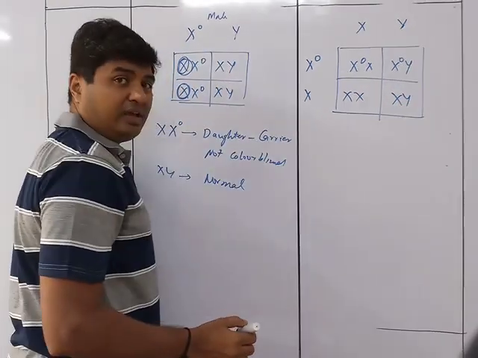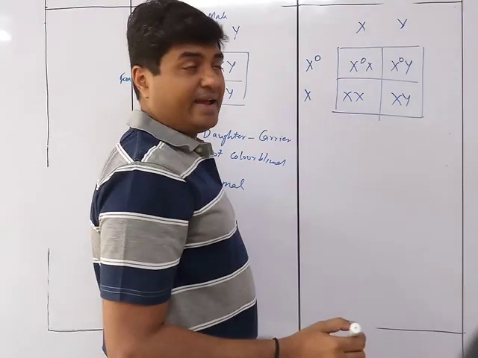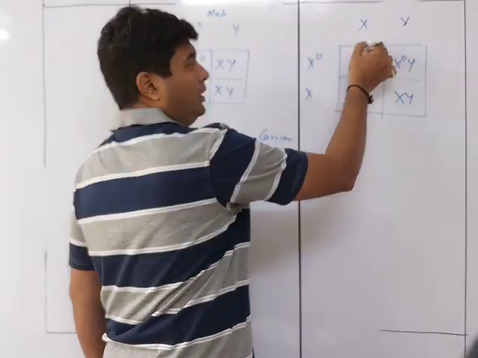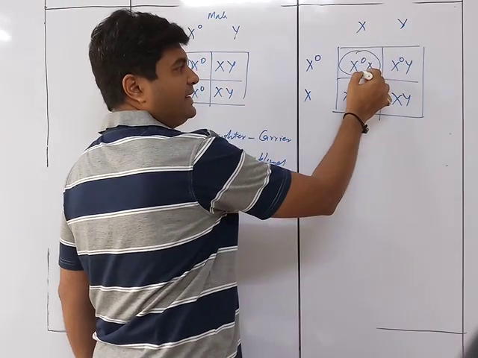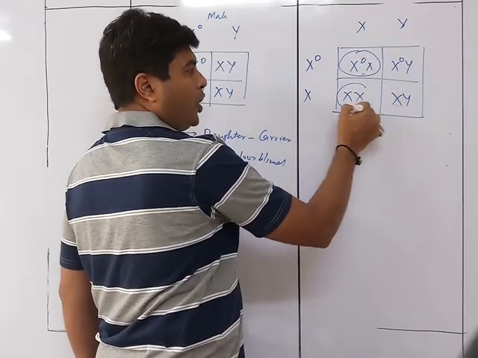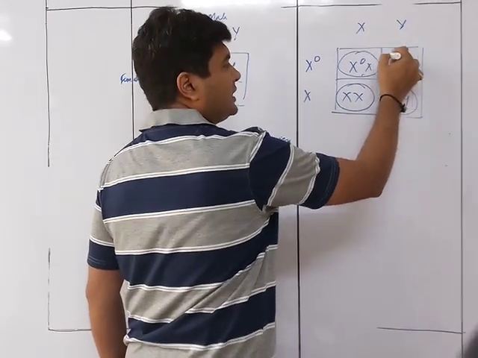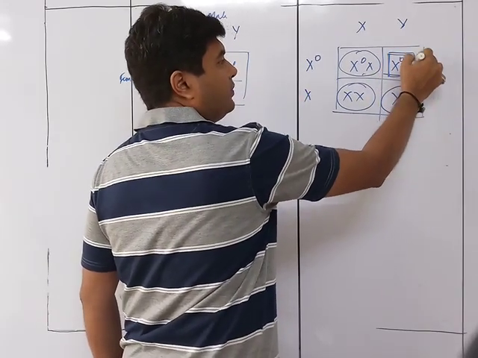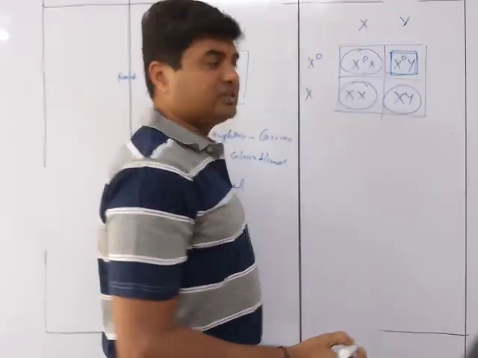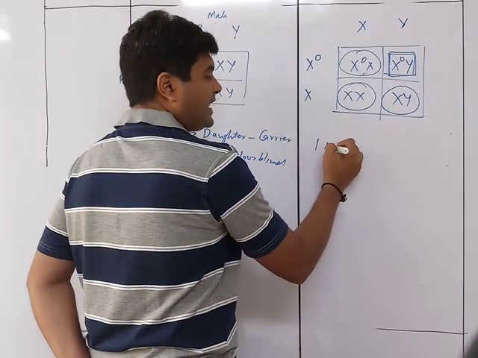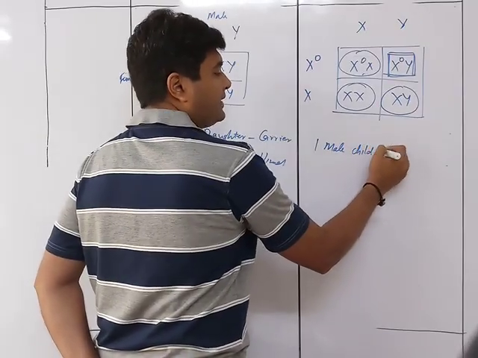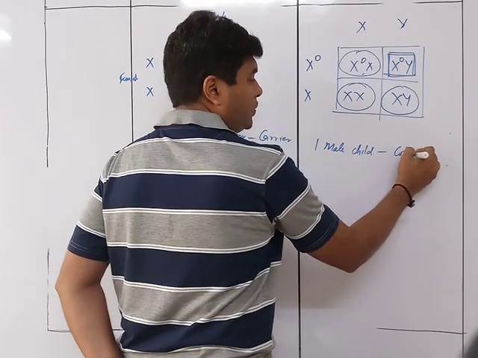So here this gives rise to a female carrier, a normal girl, a normal boy, but this unfortunate child will be a male who is colorblind. So one male child can be colorblind here.